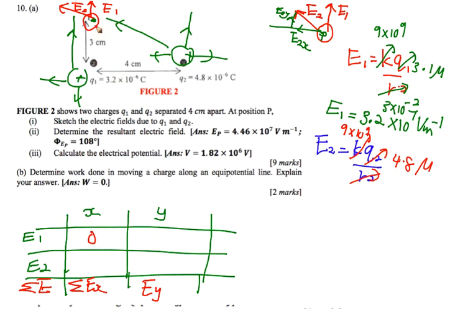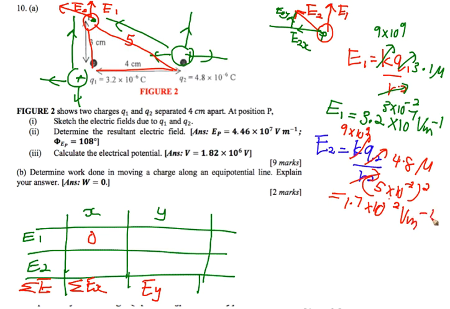Using the triangle, this is 4, 3, and this is 5. So 5 converted to meters is 5 times 10 exponent minus 2, squared. So this is equal to 1.7 times 10 exponent 2 volt per meter per coulomb, right?